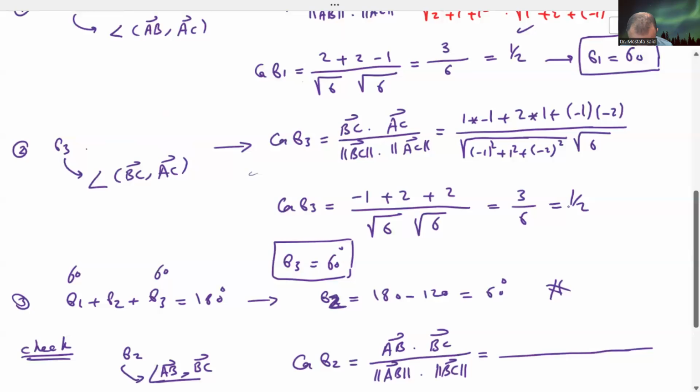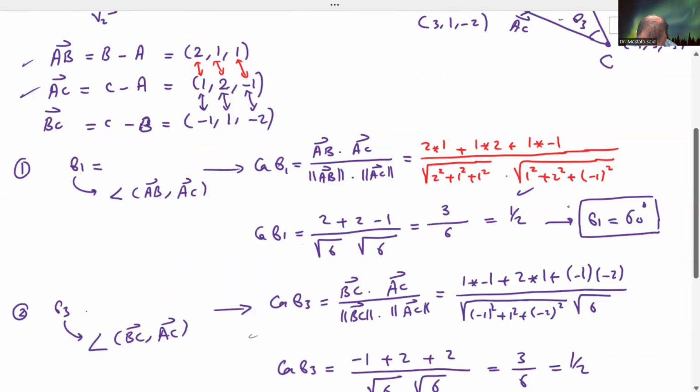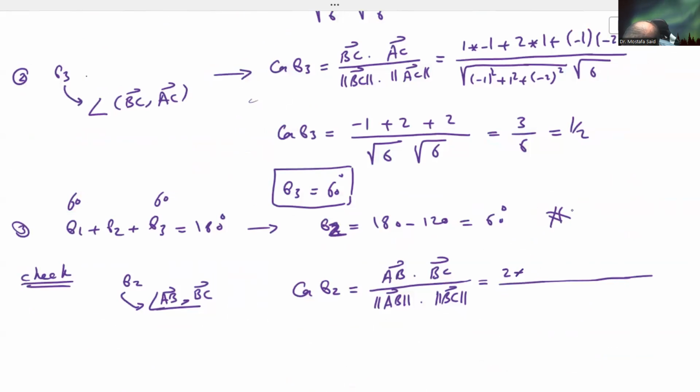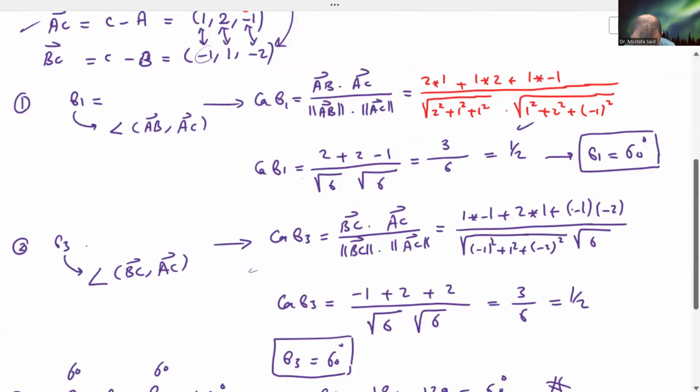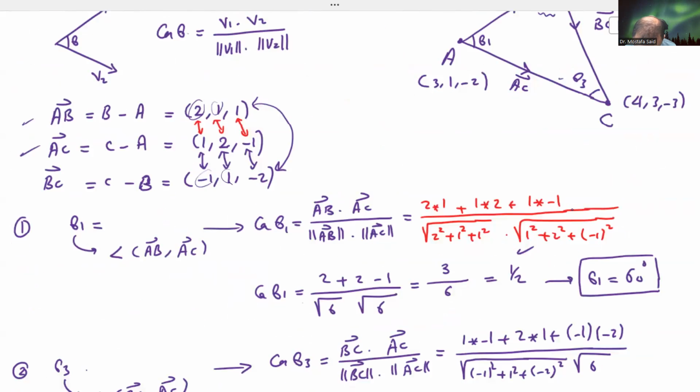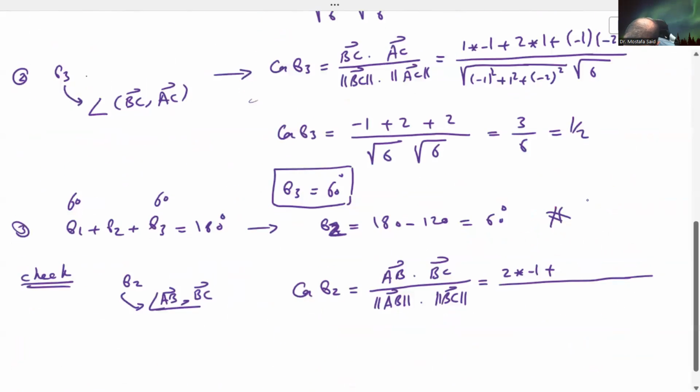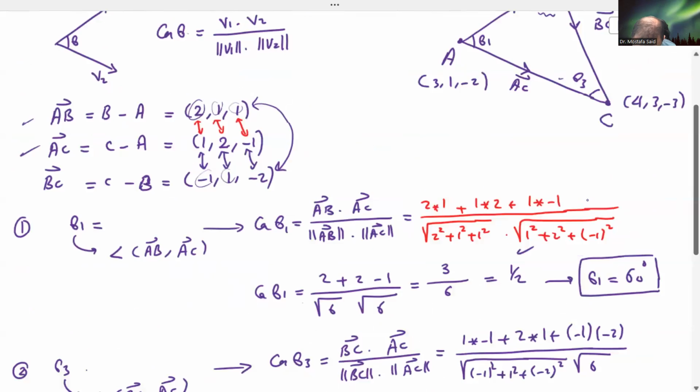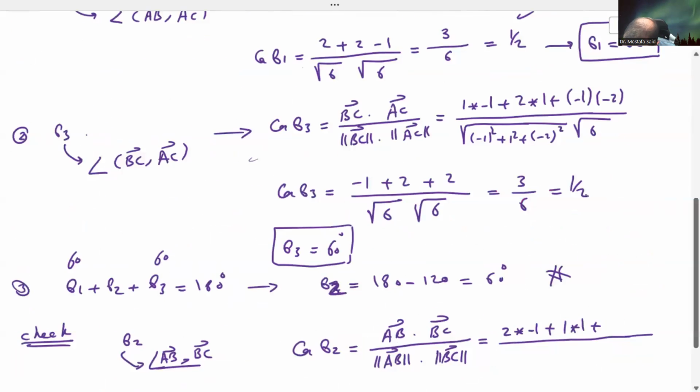So AB dot BC, let's do that. These two here. So you have 2 multiplied by minus 1, plus you have 1 and 1, plus you have 1 and minus 2. And you have 6 in the denominator.